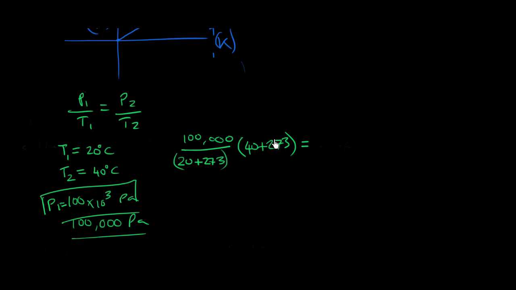So we can compute the pressure at which the gas will be when you've increased the temperature to 40 degrees. And because they're proportional, if the temperature has doubled from here to here, you should find that the pressure will become twice as much.